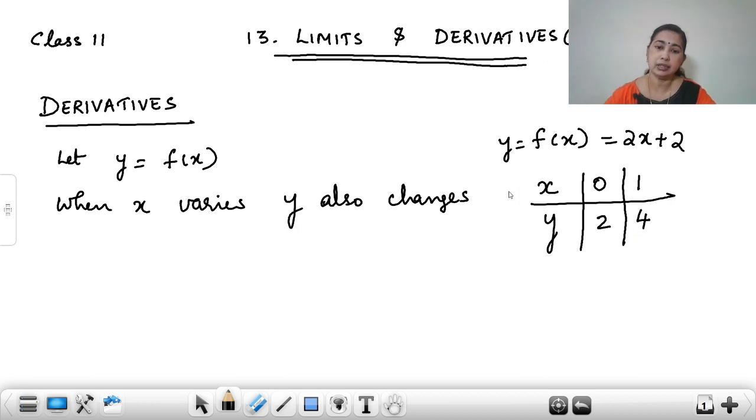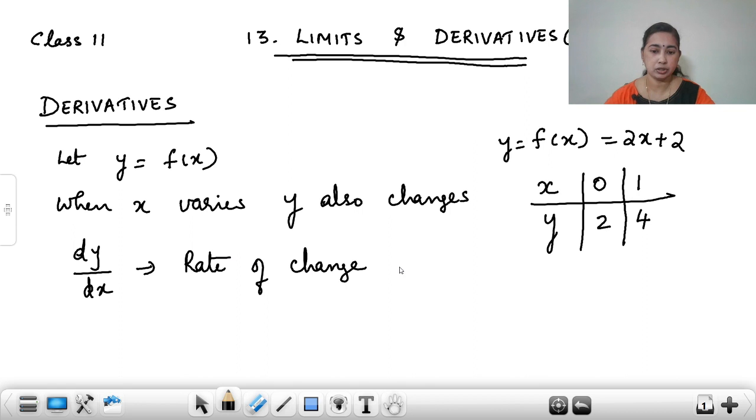So here is the rate of change of y. How much y is changing with respect to x, that we call dy by dx. The rate of change of y with respect to x is called dy by dx, and this process is called differentiation.